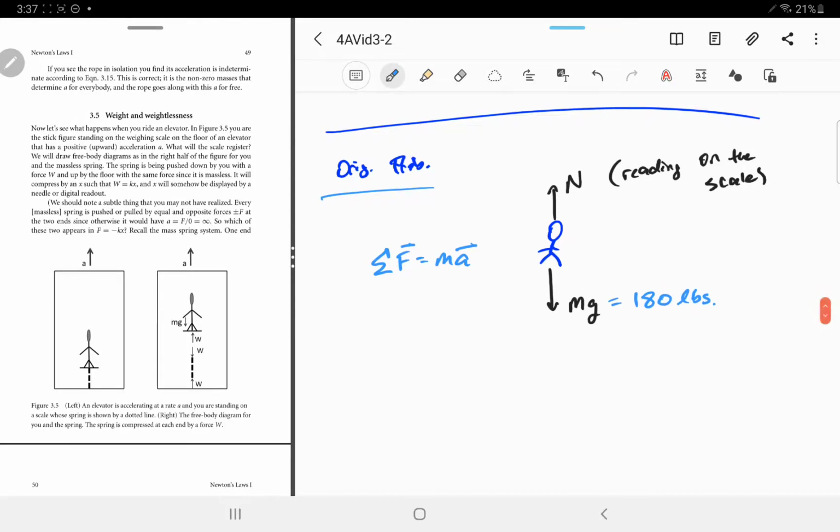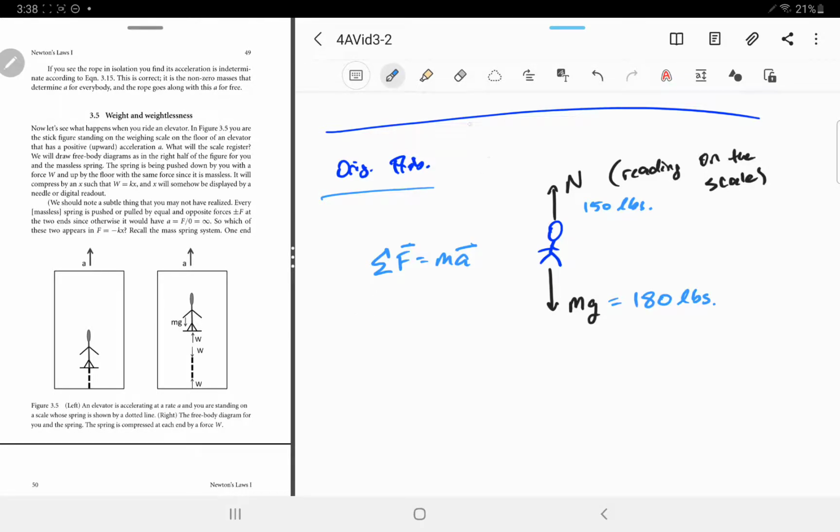But the situation in the elevator has the normal force only 150 pounds. All right. So it looks like if the downward force is 180 pounds and the upward force is 150 pounds, there's overall a net force downwards.